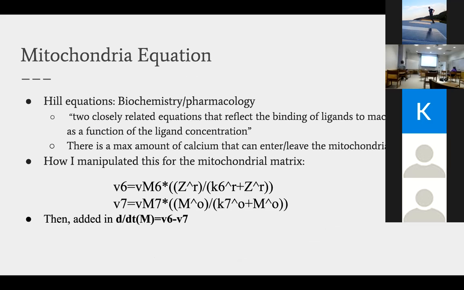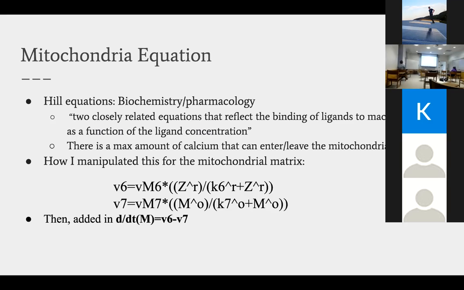So I decided to use Hill equations to do this, which are used a lot in pharmacology and biochemistry studies and producing medicine. They are two closely related equations that reflect the binding of ligands to macromolecules as a function of the ligand concentration. They look closely at different biochemical processes in the cell to see binding.